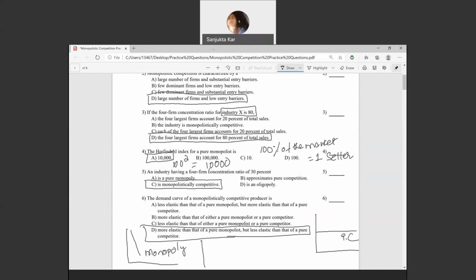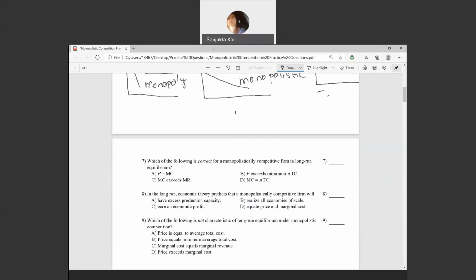Monopolistic, this is again downward sloping, but it is flatter. Because it is flatter, we say this one is more elastic than a monopoly market structure. But basically, for the perfectly competitive market structure, this is a perfectly elastic demand curve. So the monopolistically competitive market structure's demand curve is less elastic than this one.